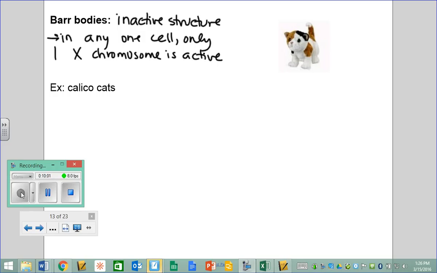If you have two of them in any particular cell in the body, only one of them is actually active and doing things. It is completely random which one. So a female has two X chromosomes. They might have the same allele on both of them, or they might have a different one, and it's total random chance which one is the one that's actually active.